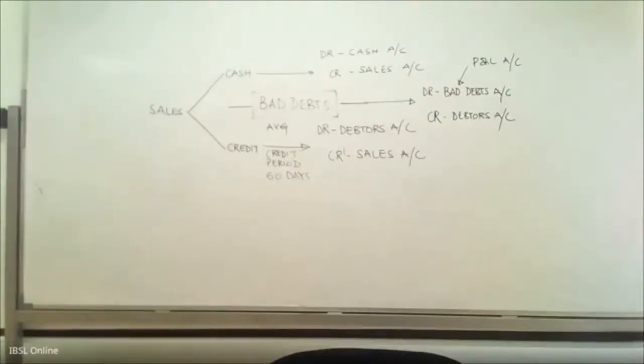So as a result, your bad debts are going to become a loss to your business, and you have to recognize that loss in the form of a selling and distribution expense.